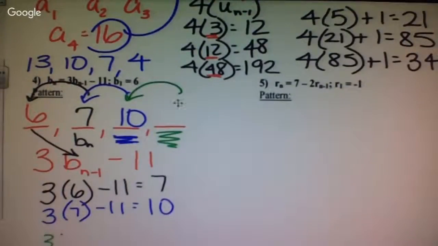So 3 times 10, minus 11, is 19. So when they give you that starter number, every time you get a new number, that replaces what you have.